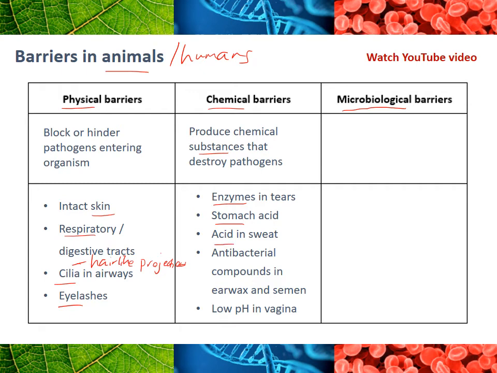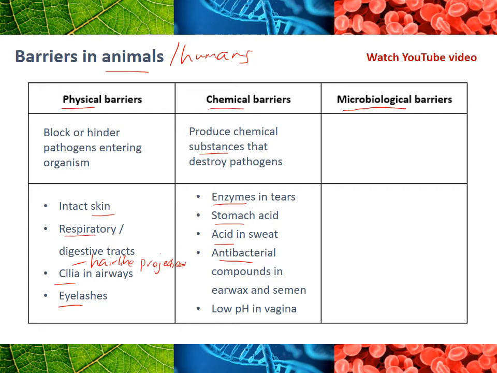Similarly, we've got acid in our sweat, which destroys pathogens. There are compounds, so antibacterials, they destroy bacteria that are found in earwax and also in semen. The earwax one is an important one because obviously a lot of people kind of clean their ears out really, really thoroughly, but earwax is a really important protection that stops you getting ear infections, and at the very worst case scenario, bacteria being able to get close to your brain.